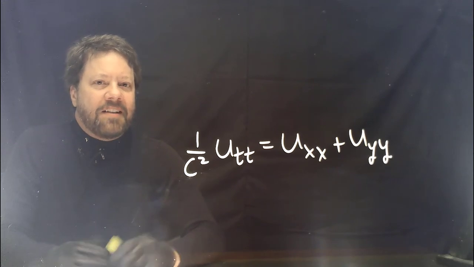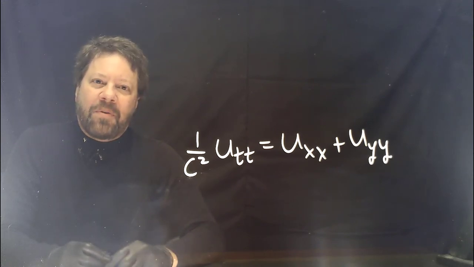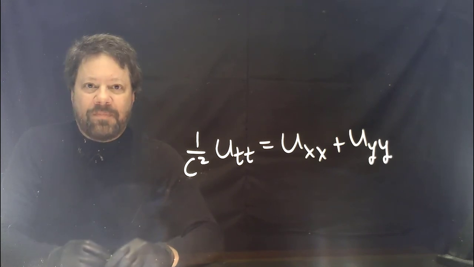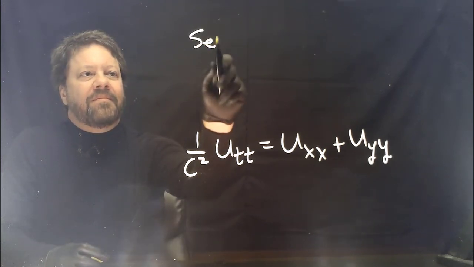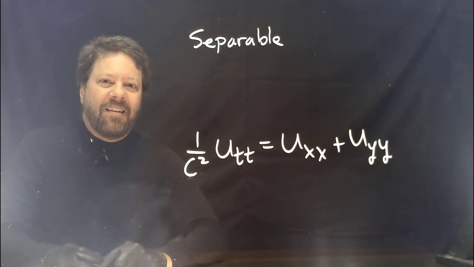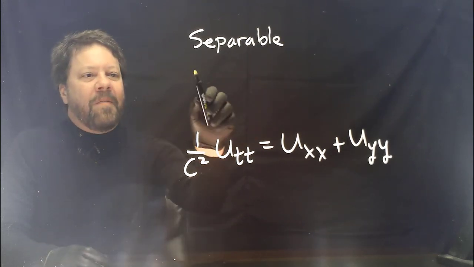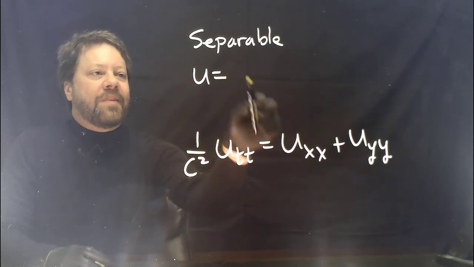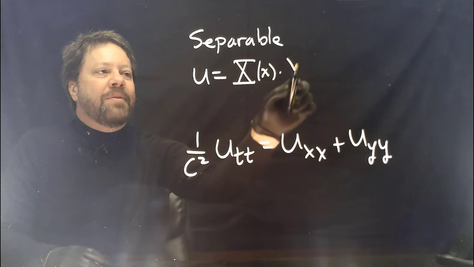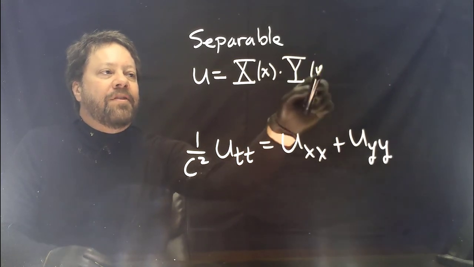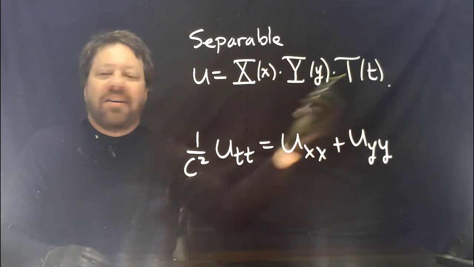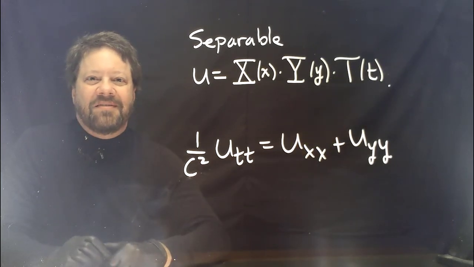We'll try a similar trick to what we've done before. We'll assume that the solution is separable. And in particular, that means that u can be expressed as a function of x alone times a function of y alone times a function of t alone.